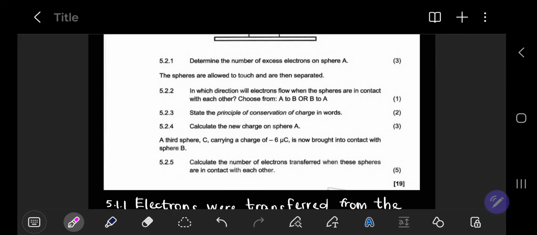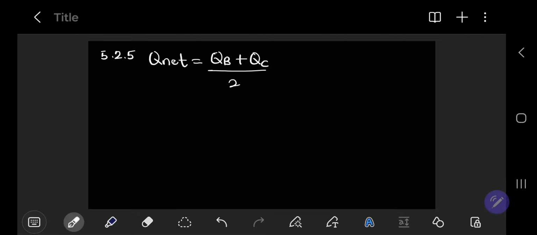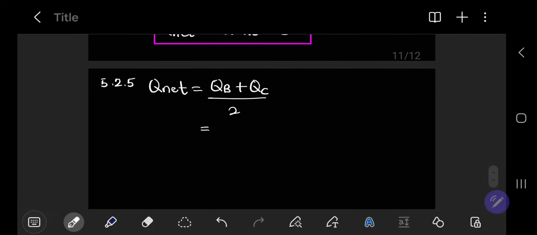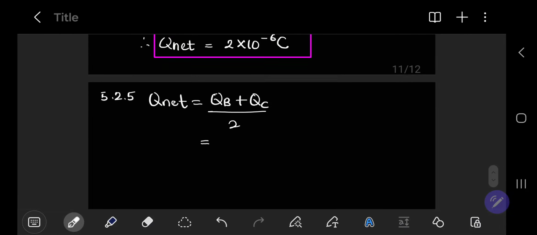So let's start off by doing that using our Q net formula. So here I've written the formula as QB plus QC all over 2, just to show you that you can do that. You don't have to say Q1 plus Q2. You can label it according to what you're given. Now, since this was the situation after B was separated from A, the charge that we're going to use for B is what we previously calculated.